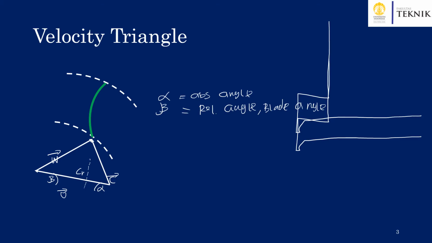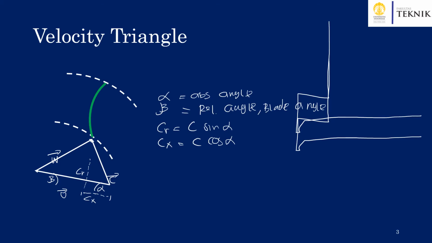This is Cx, and this perpendicular line is the Cr, where from alpha we can get the value of Cr is equal to C sine of alpha, and Cx is C cosine of alpha.